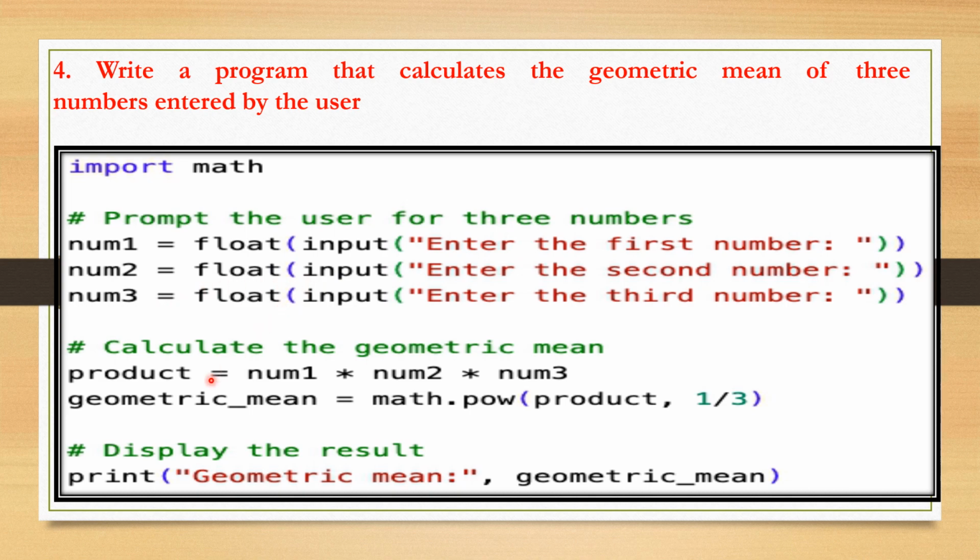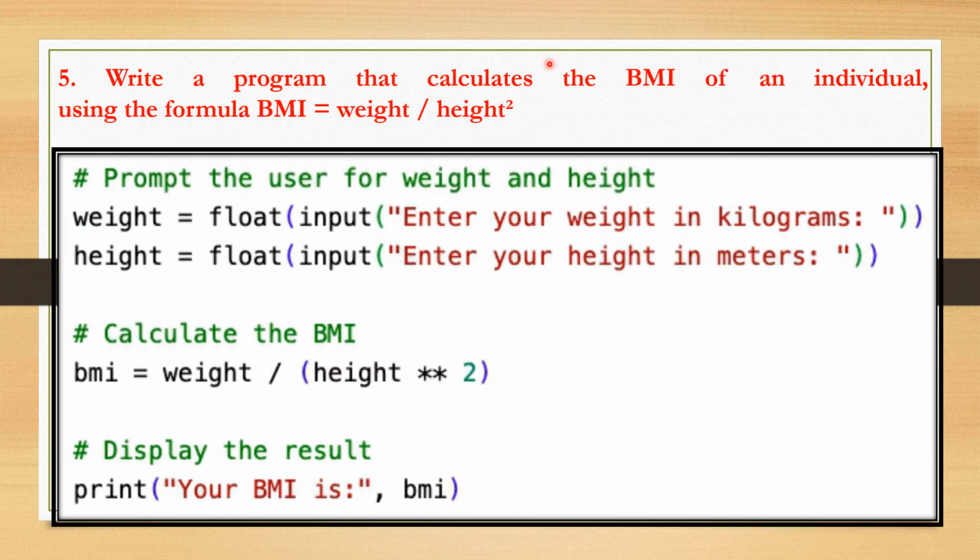After obtaining the three numbers, we will calculate the product of the numbers using num1 times num2 times num3, and finally we will calculate the geometric mean using math.pow of product, 1 by 3. The result is stored in a variable geometric mean, and finally we print the result.